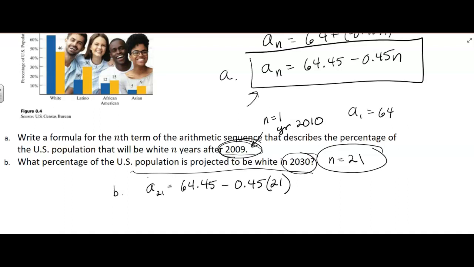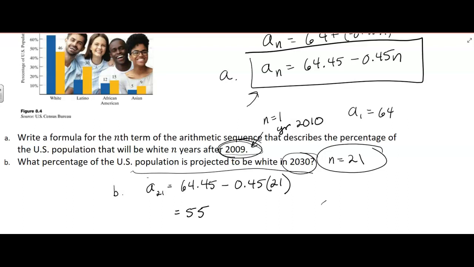I'm going to put this in a calculator. My calculator will do that nicely. So 64.45 minus 0.45 times 21. And I am getting 55%.